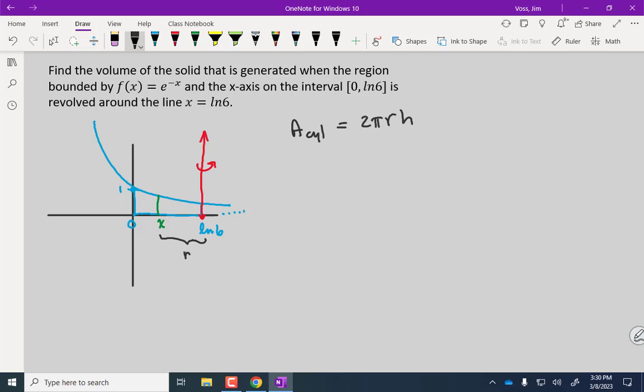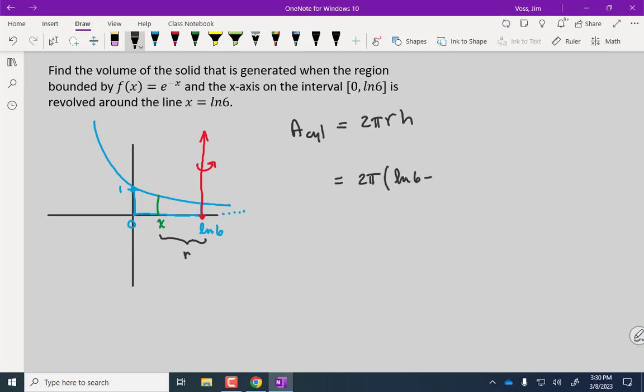That's what the radius means. If you're rotating around this line right there, the distance from that axis is the radius. That's got to be a positive number. The radius cannot be negative. And what is that radius? Is it x? No. Natural log of 6 minus x. Right? Yes.